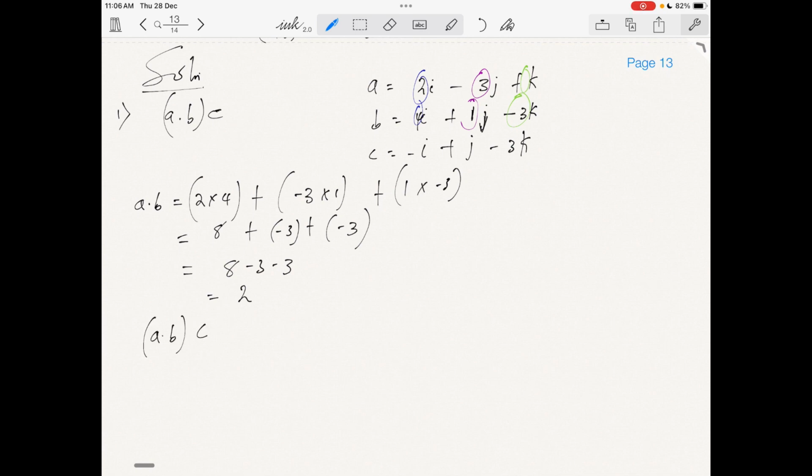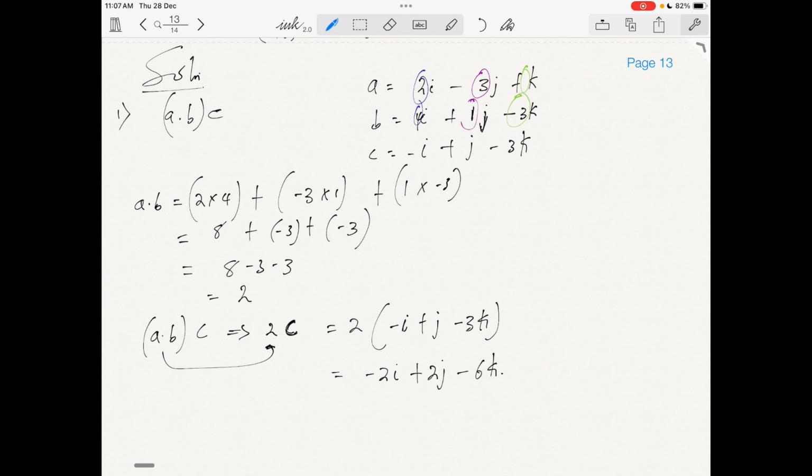Now I want to go ahead and multiply our result of a dot b by c. This implies that a dot b, written as 2, is multiplied by c. So in conclusion, all they are asking us to evaluate is 2c. That's 2 into c, which is minus i plus j minus 3k, and gives us minus 2i plus 2j minus 6k.